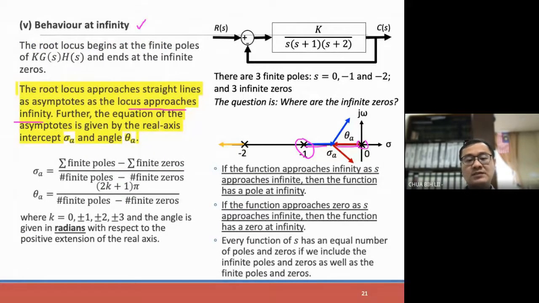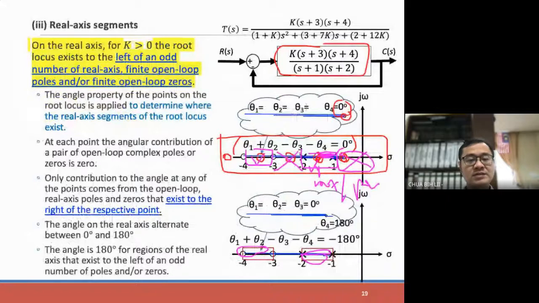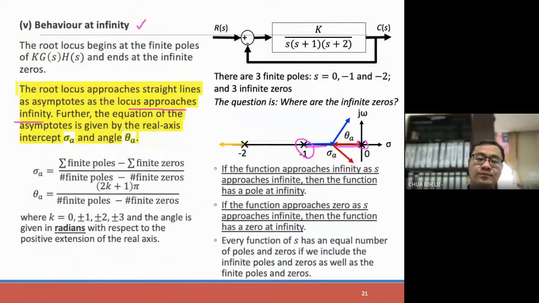So from the real axis segment concept, from the first pole and the second one, the roots will exist in between that segment, right? And alternately. So look at that particular concept without solving it. We can see that in between the first two poles, the roots will lie along this line.